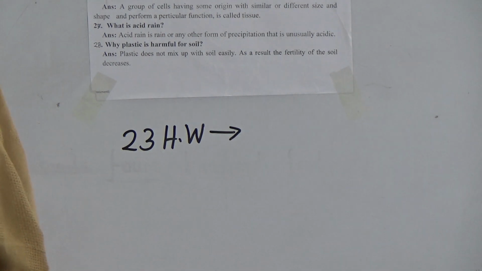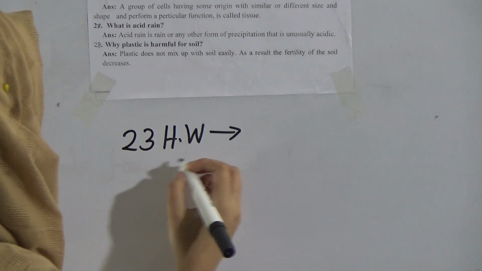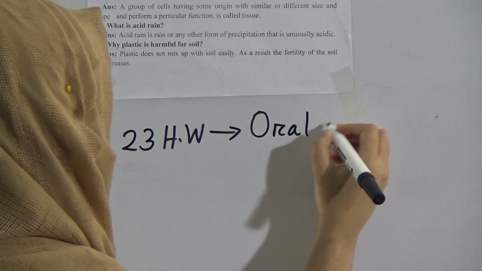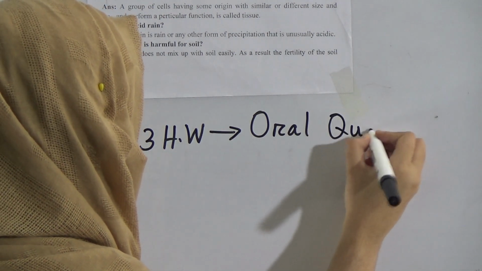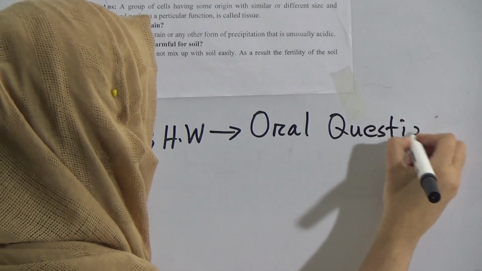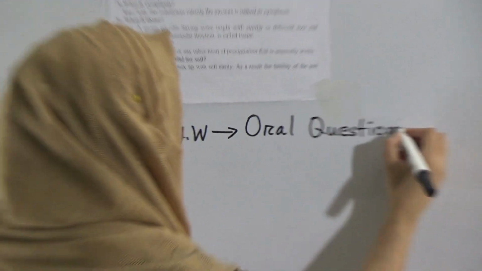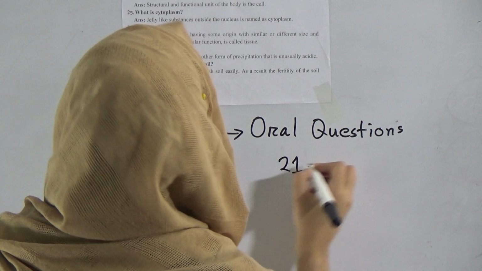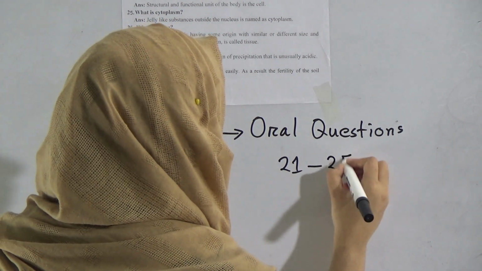And remember that you have to memorize these oral questions and answers, and your SW will be these oral questions from 21 to 25.